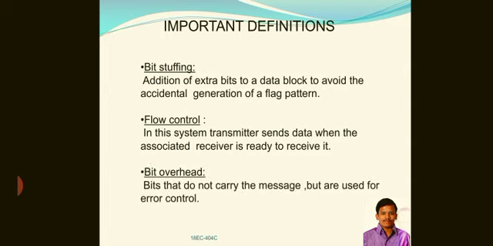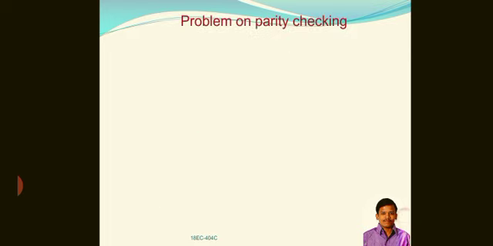And next one is bit overhead: the bits which do not carry the message but are used for error detection, meaning the extra bits added to the original message which are not related to the message, are called bit overhead.